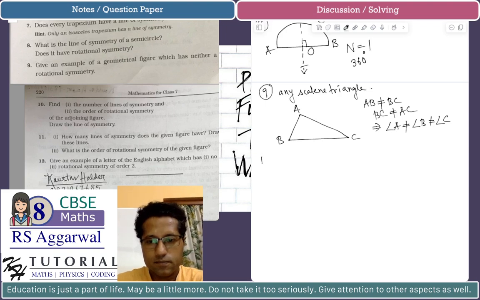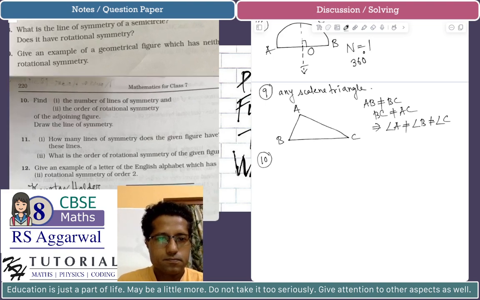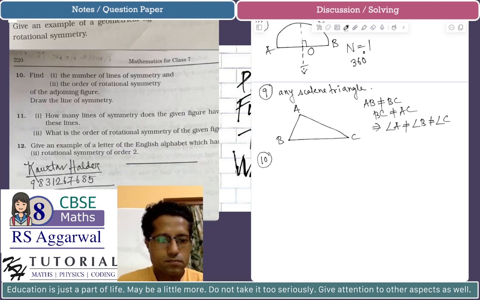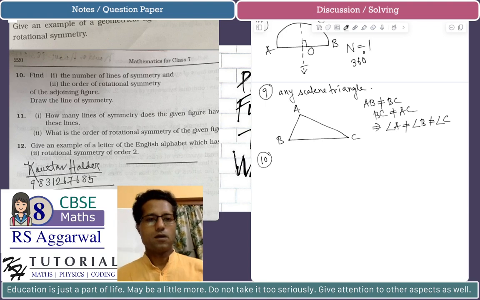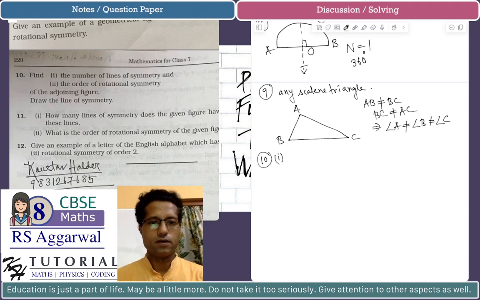Question number 10, part 1. Let me zoom in. Find the number of lines of symmetry and the order of rotational symmetry of the adjoining figure.